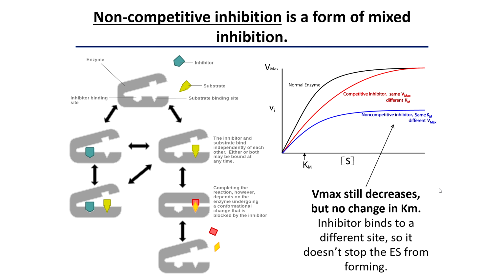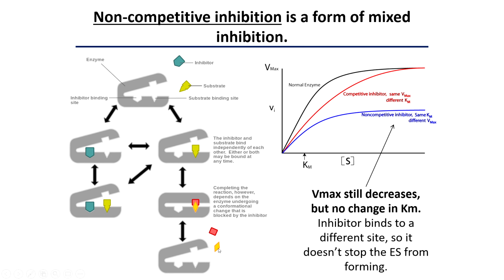Think of it this way. If this inhibitor is acting like a competitive inhibitor, where it's binding directly to the active site. So here we have an enzyme, we have an inhibitor, and the substrate. The inhibitor and the substrate can bind independently of each other. So sometimes inhibitor binds first, and sometimes substrate binds first. If inhibitor binds first, completing the reaction depends on the enzyme undergoing a conformational change, which can't happen.